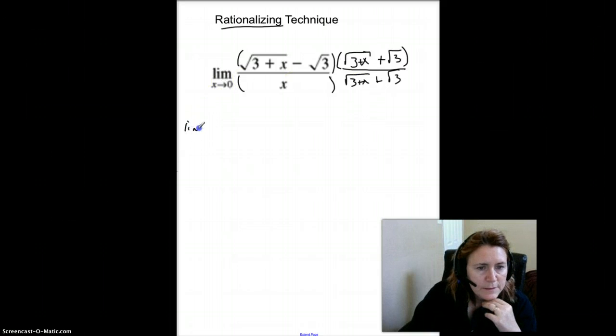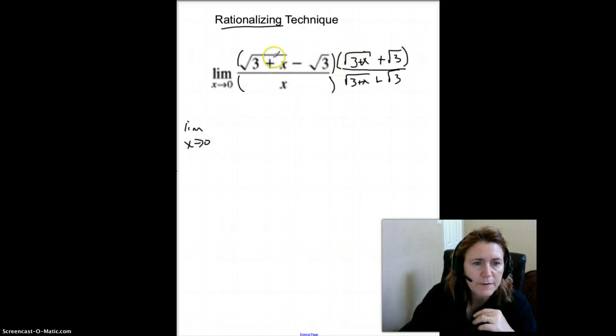Now this is the limit as x goes to 0 of, let me multiply this out, the square root of x plus 3 times the square root of x plus 3 is just 3 plus x.